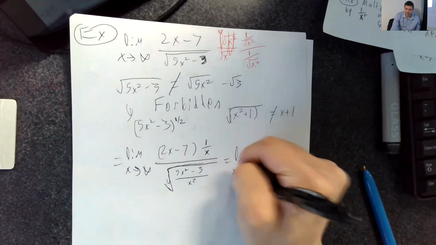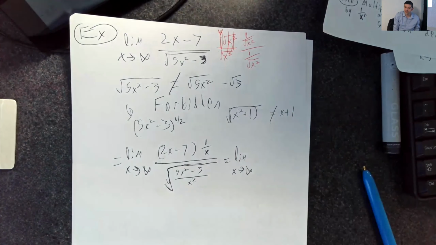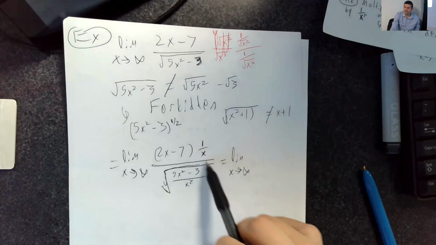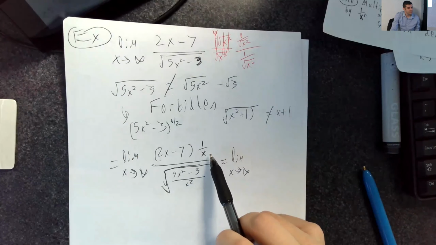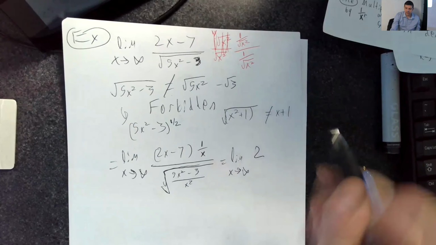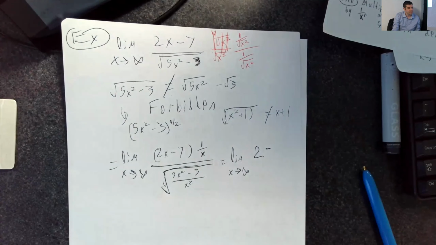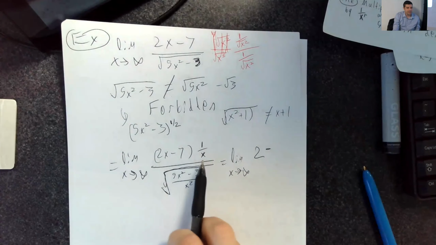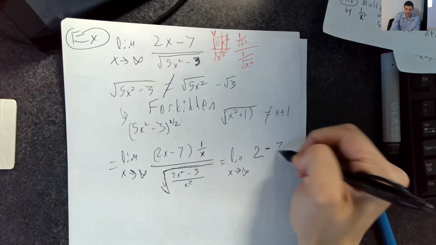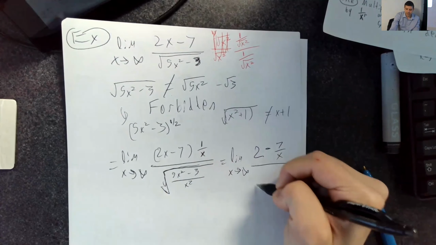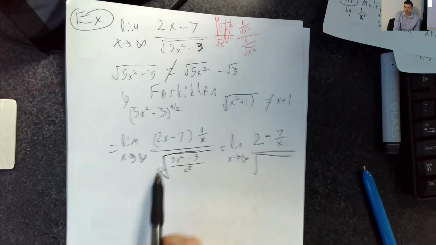Limit as x goes to infinity. How do I simplify the numerator? What do I get? What should I write? 2x divided by x is 2 minus, what should I write? 7 over x, which can't be simplified. Good. Now the denominator.